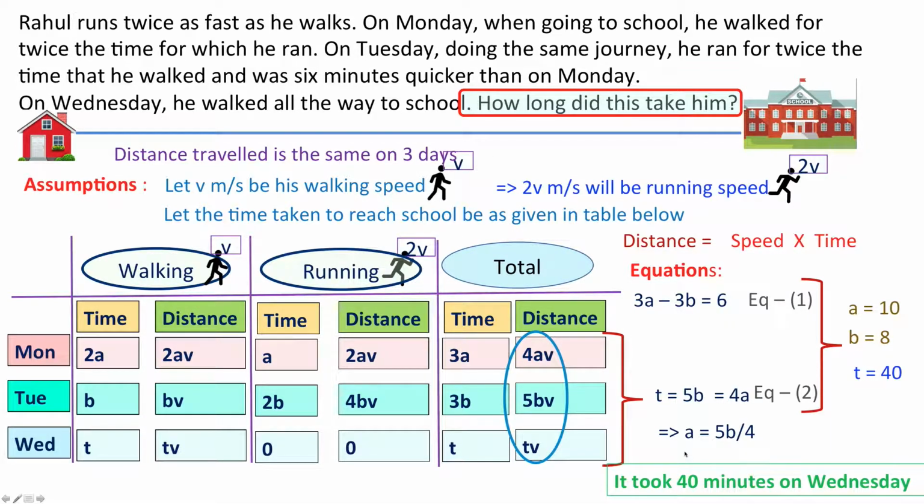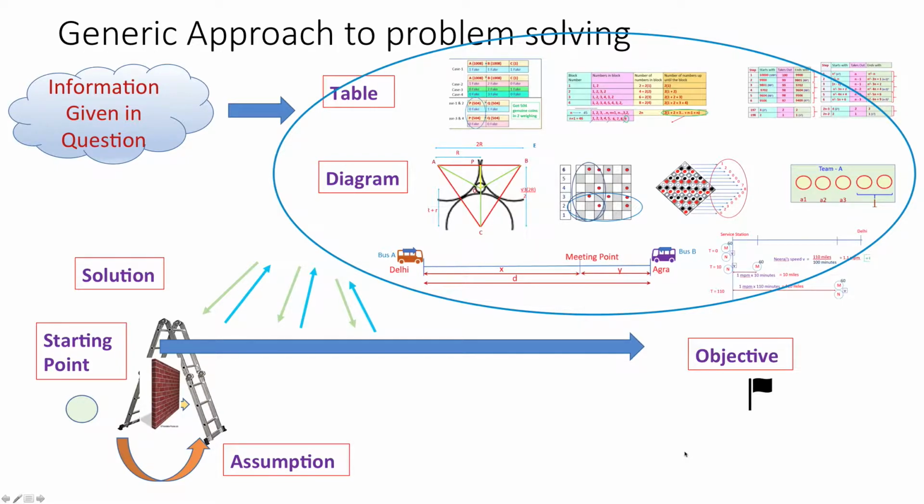So if you see, we have extracted the information into a nice diagram that gave us the insight. The insight was useful in making progress in your solution journey. We got stuck at the very starting point because we didn't have sufficient information in numeric terms.